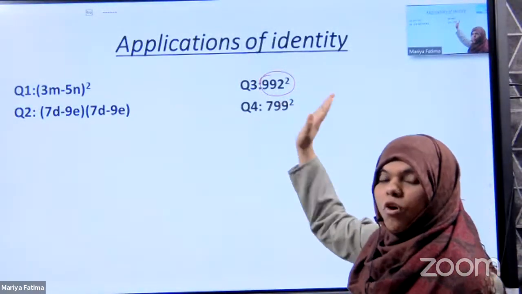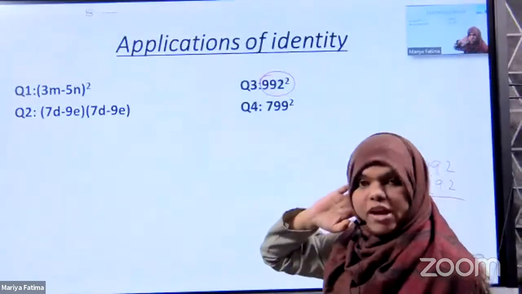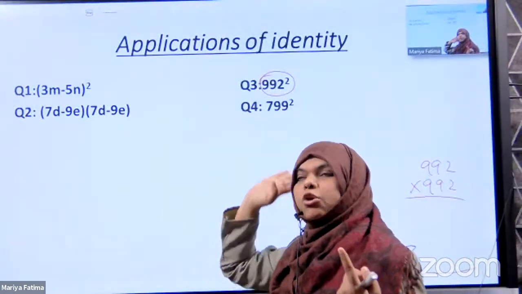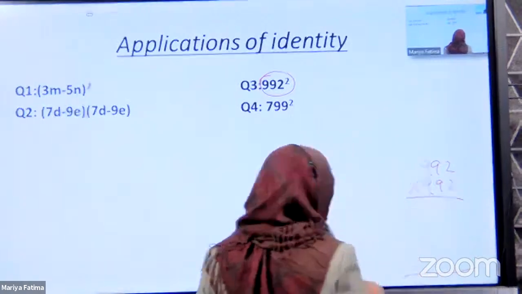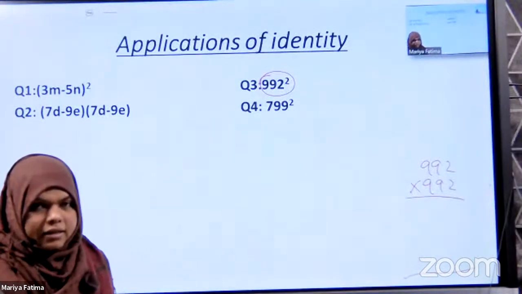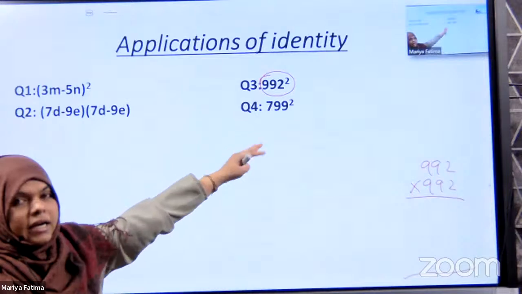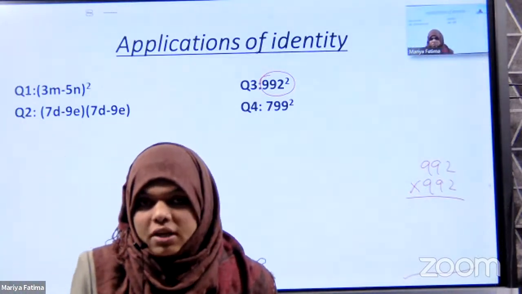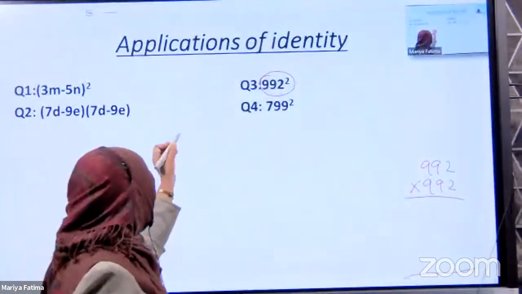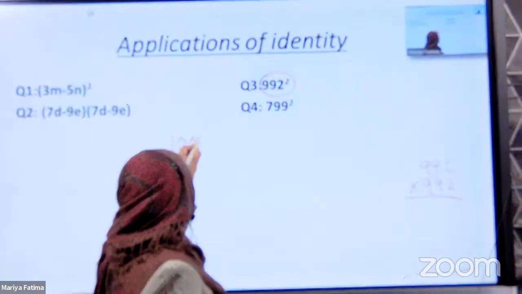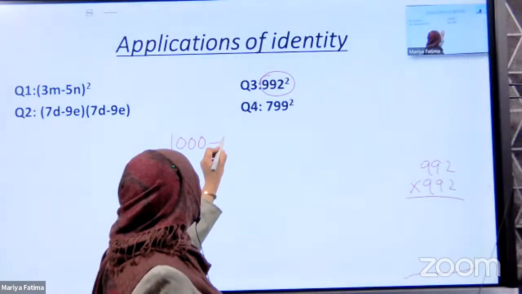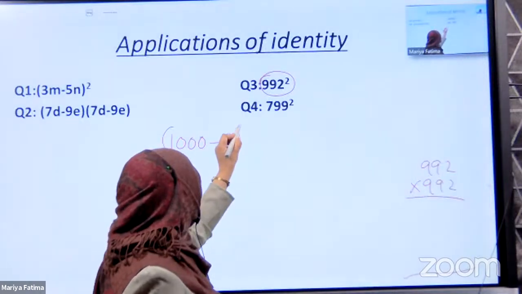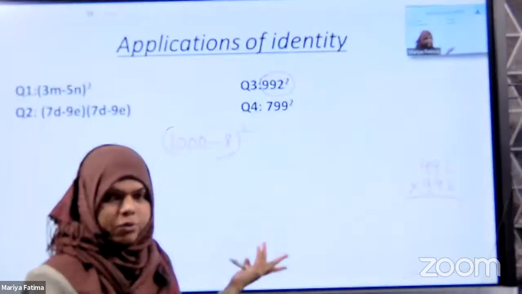So now think, 992 is there. Which number do we have to subtract so that you should get 992? Think. 992. Can we subtract 8 from 1000? Yes. If you subtract 1000 minus 8, what will you get? 992.